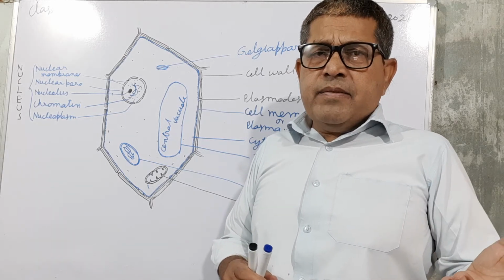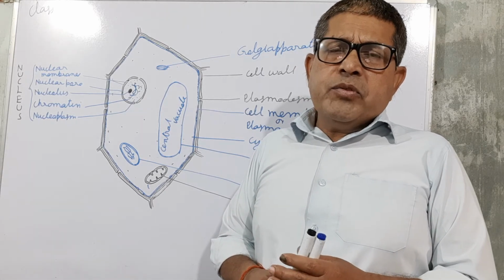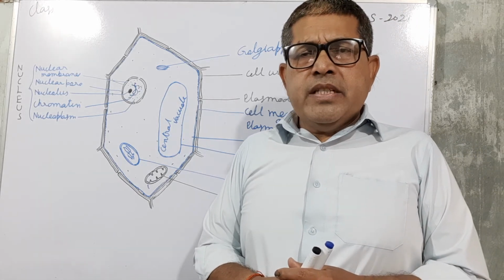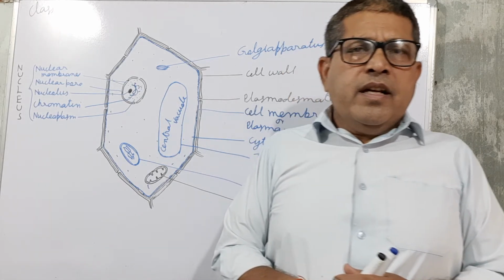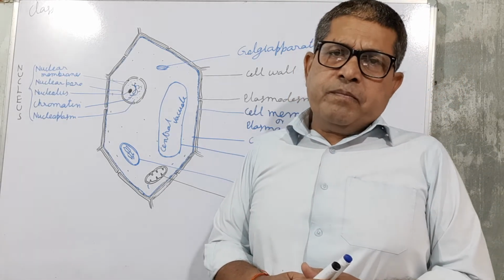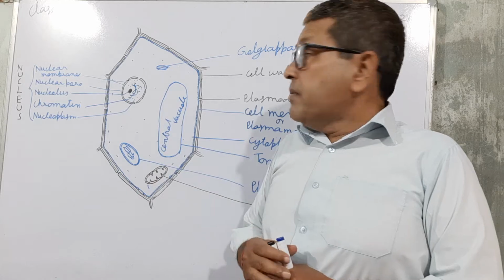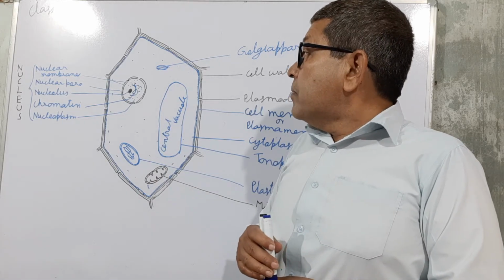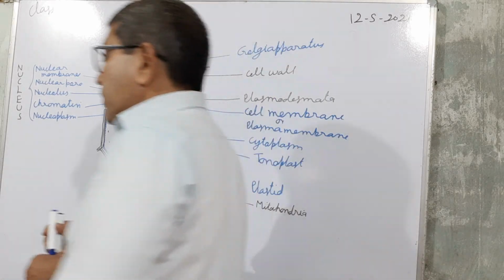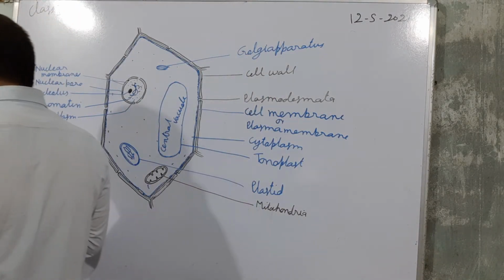Chromatin is a genetic material which is a thread-like structure and which becomes condensed and is called the chromosomes. So this is about the nucleus. Now many more structures are there.